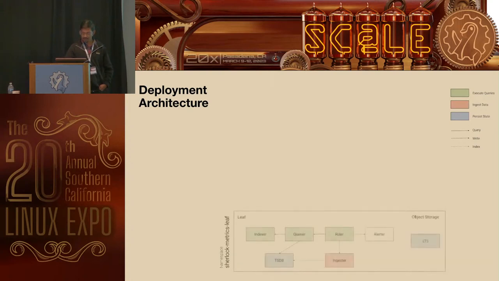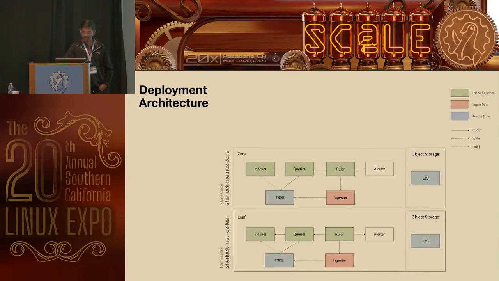Oops, wrong button. You can have a very similar setup on the zone as well, which is meant for only storing the higher level rollups. At this point in time, the leaf and zone are just two independent entities. They know nothing of each other until the leaf starts to propagate its indices into the zone.